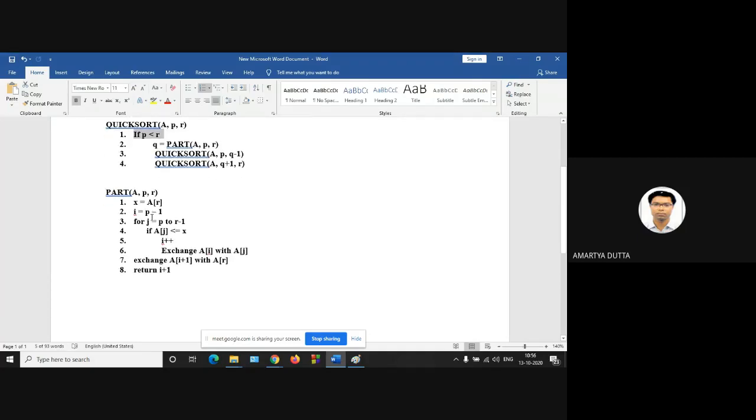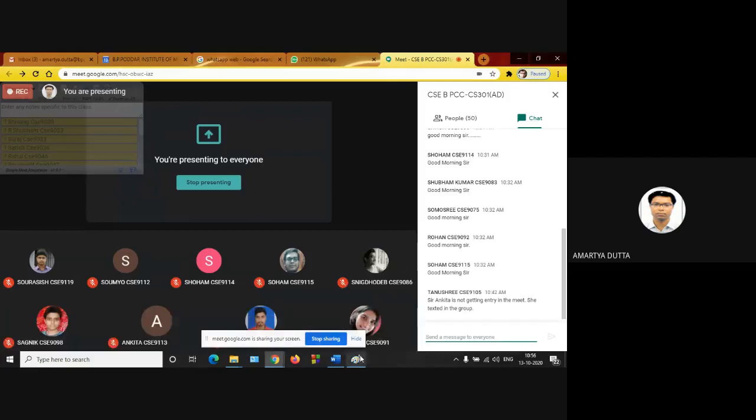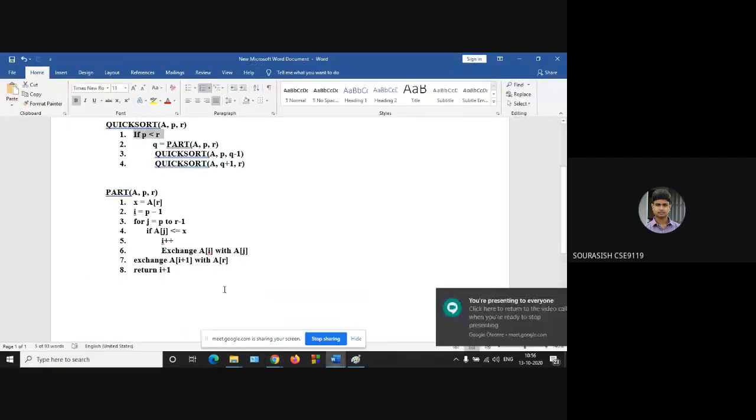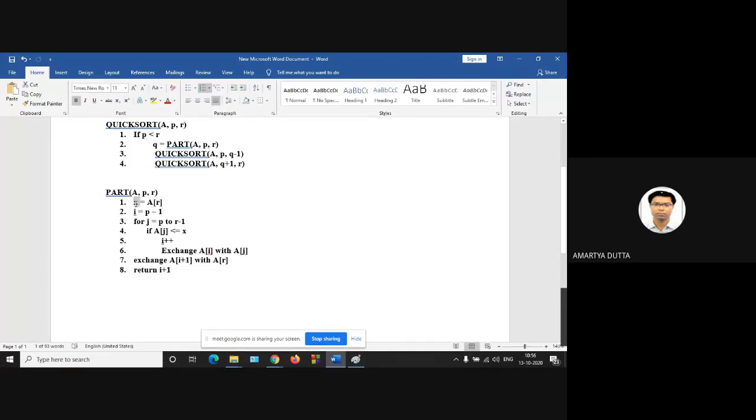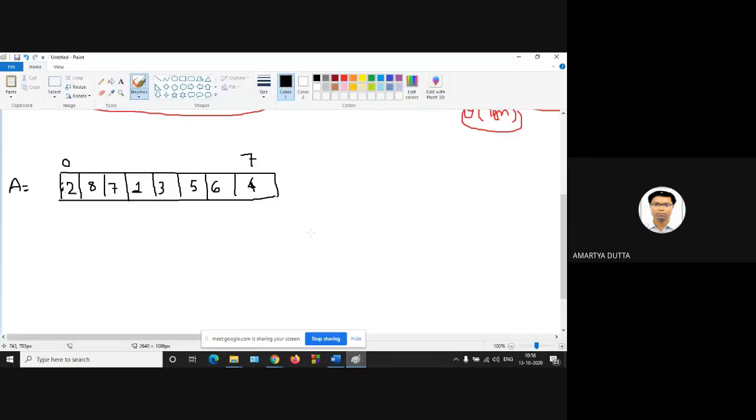Now, what is the partition function? First of all, A of R is stored in X. What will be the X value? 4.